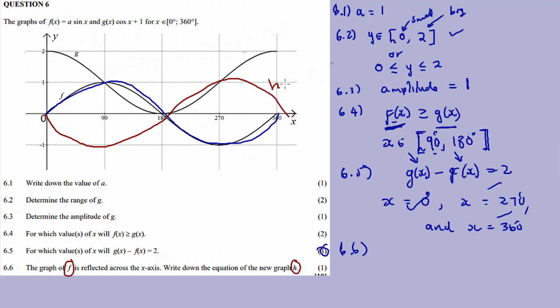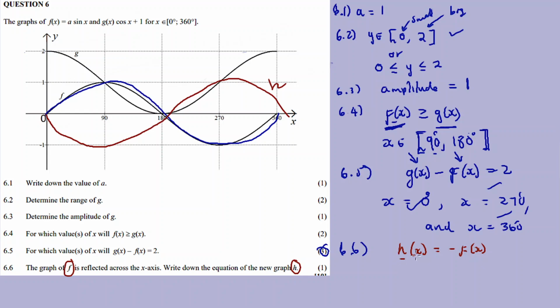So now h la, now h, it means that h of x is equal to negative f of x, right? Negative f of x. Whenever we reflect any function about the x-axis, you multiply the whole function by a negative, then you get the reflected function.